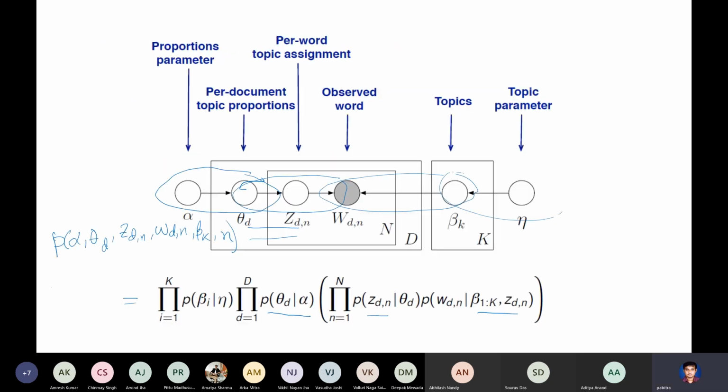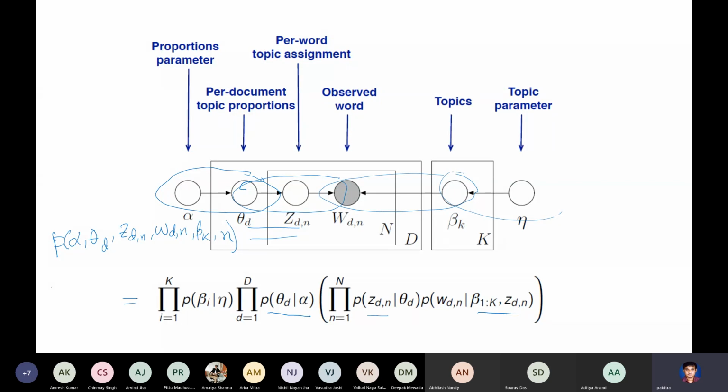So you see that now, given this plate diagram and given this factorization, when we decided this Latent Dirichlet Allocation or this topic model, our generative model, as we visualized it, is captured in this factorization or in this plate diagram. This is only the structural part of the model.